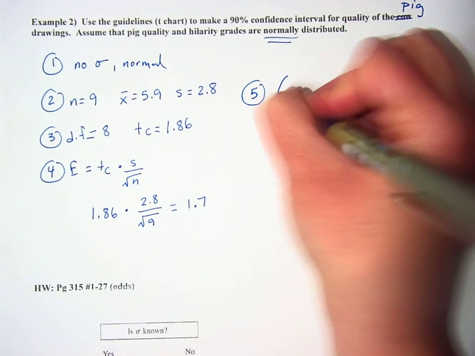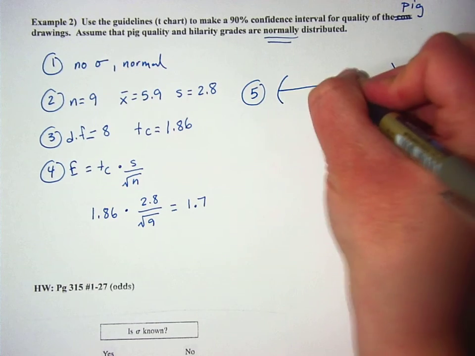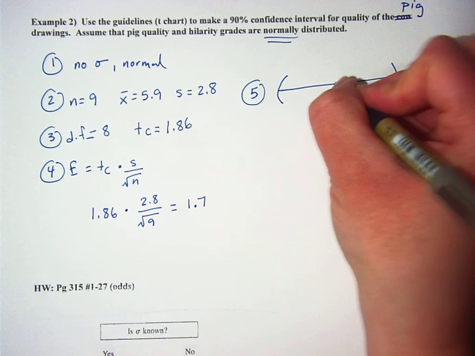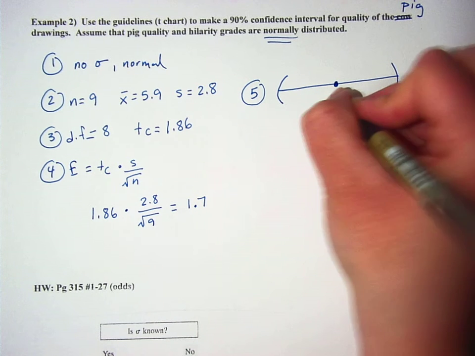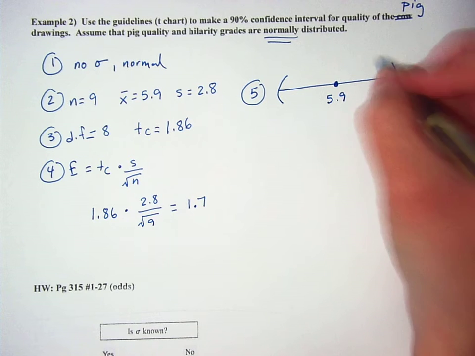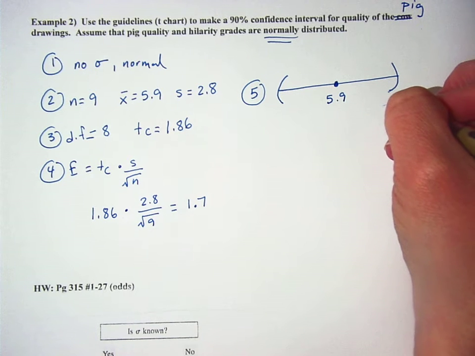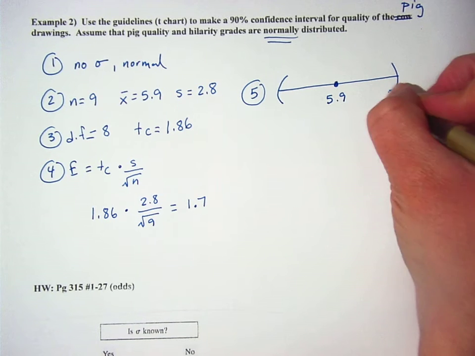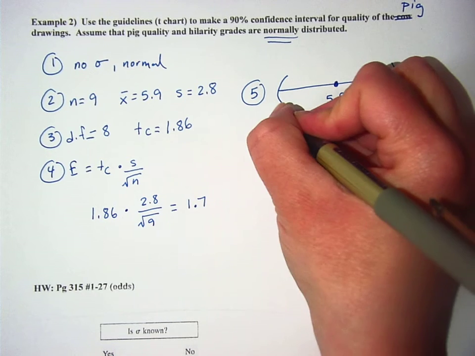Step 5, make your TIE fighter. The middle number was 5.9, the average score of my made-up data. Then we add 1.7 on one side and subtract 1.7 on the other side.